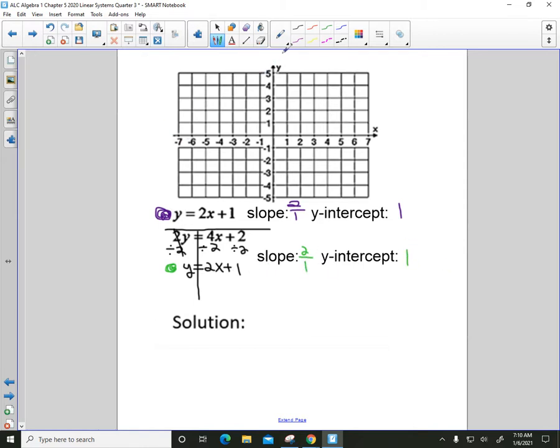All right, so let's graph the purple one. Y-intercept at 1, so it crosses the y-axis at 1. And then how do you graph a 2 over 1? That's right, up 2 to the right 1, up 2 to the right 1. We've got enough points that we can play connect the dots.